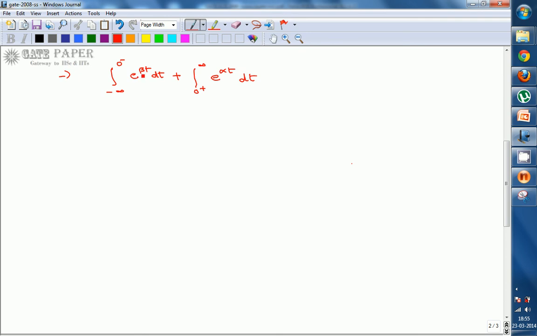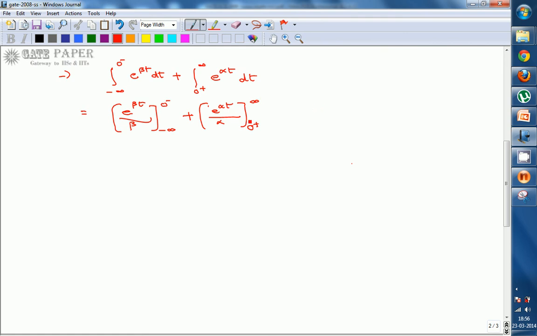So we have e power beta t divided by beta over the limits minus infinity to 0, plus e power alpha t divided by alpha over the limits 0 plus to infinity.